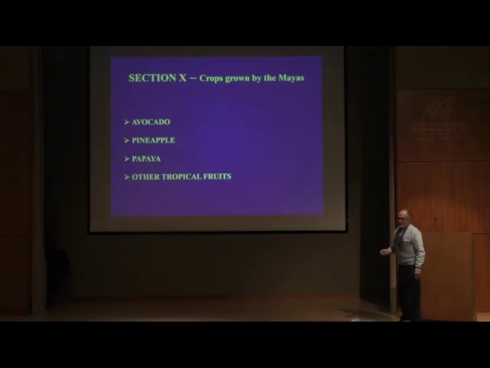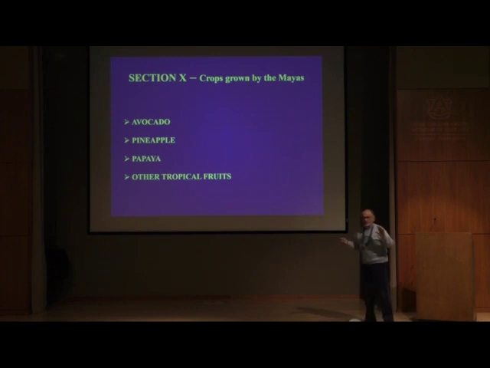Because we're going to talk now about crops grown by the Mayas, not necessarily developed, but they had them. We'll begin with avocado, followed by pineapple, papaya, and other things. We're going to really have a fruit cocktail today. I'll show you.